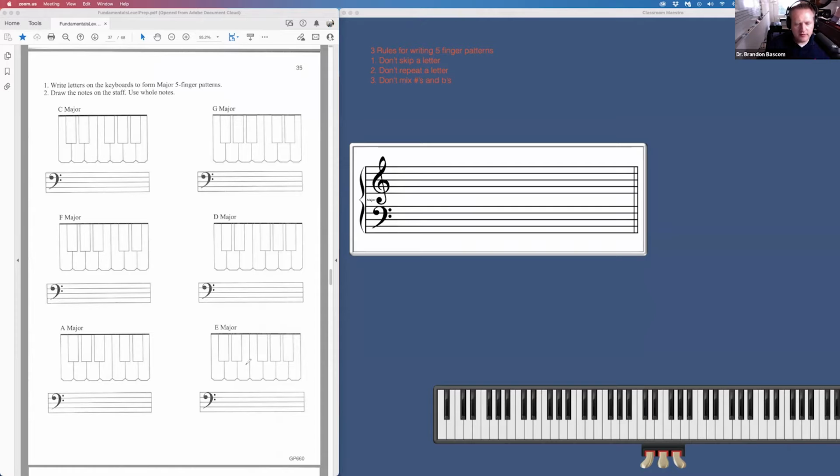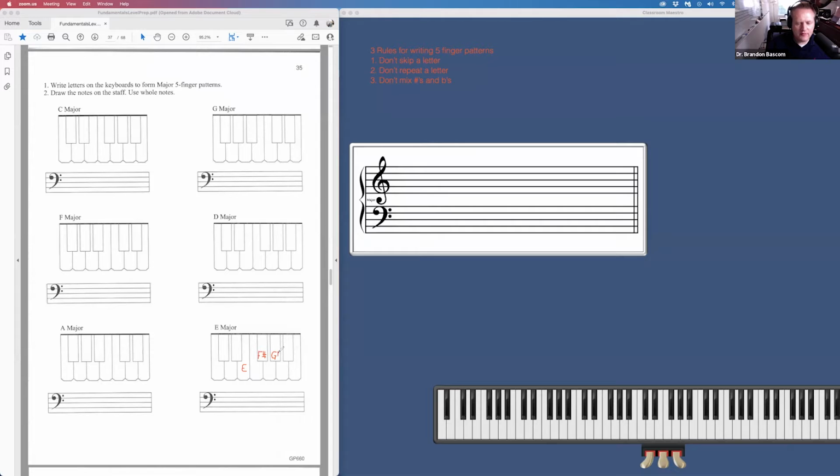So E, for instance, E is my first note, up a whole step, and I get F sharp. If I call that G flat, I will have skipped the F note, and I have a problem. Up a whole step, G sharp.